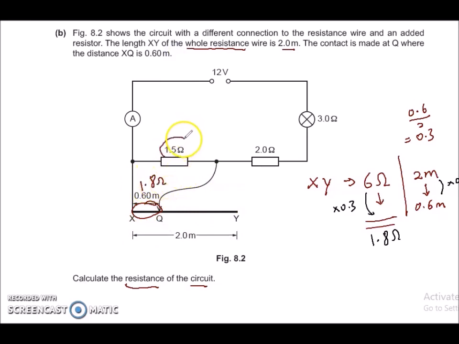If you notice that here 1.5 and 1.8 is a parallel. It's a parallel connection. So 1 over 1.5 plus 1 over 1.8 equals 1 over R total. So we just solve this.